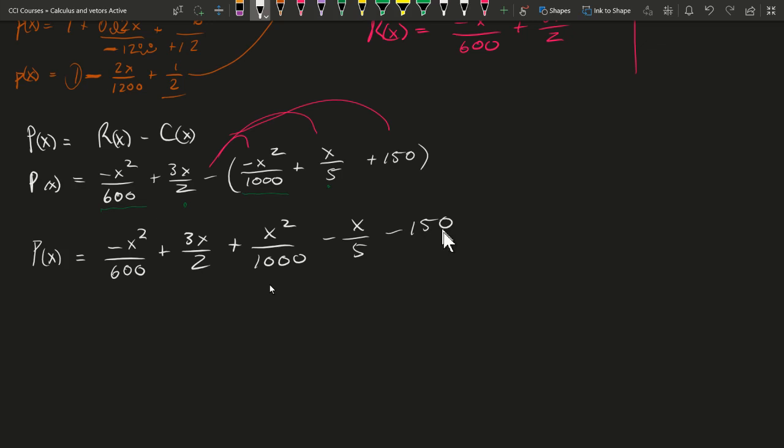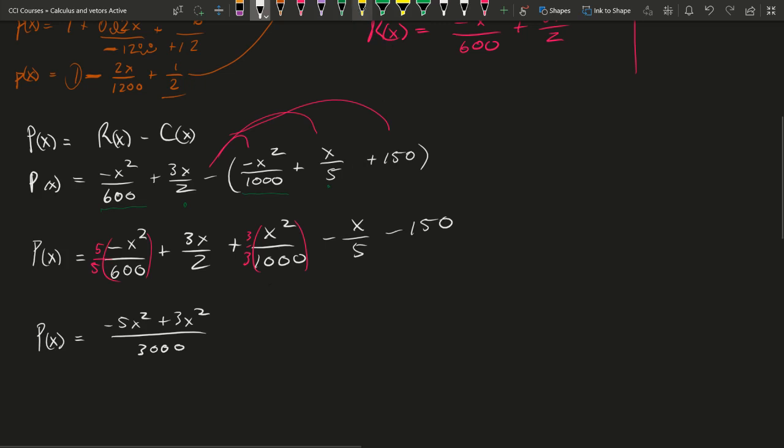Okay. Now I'm going to get my common denominators here. I'm going to multiply this by 3 over 3, and this by 5 over 5, giving me a common denominator of 3,000. So my P of x is going to be negative 5x squared plus 3x squared over 3,000.